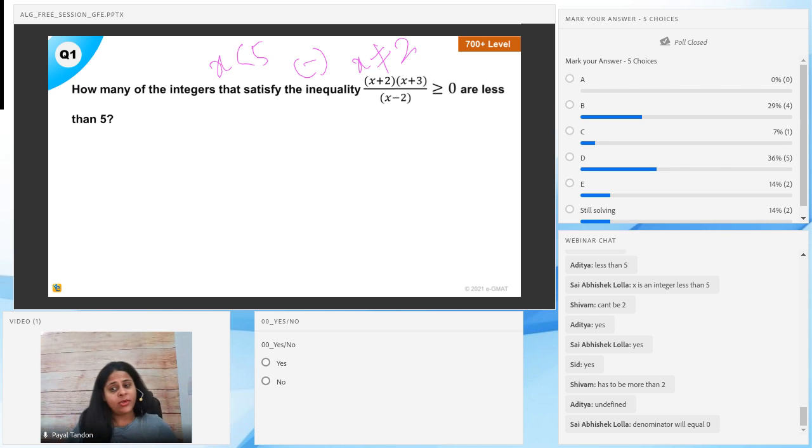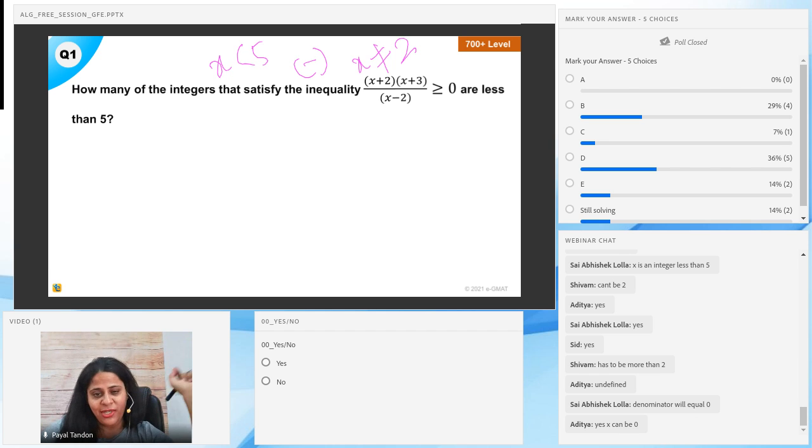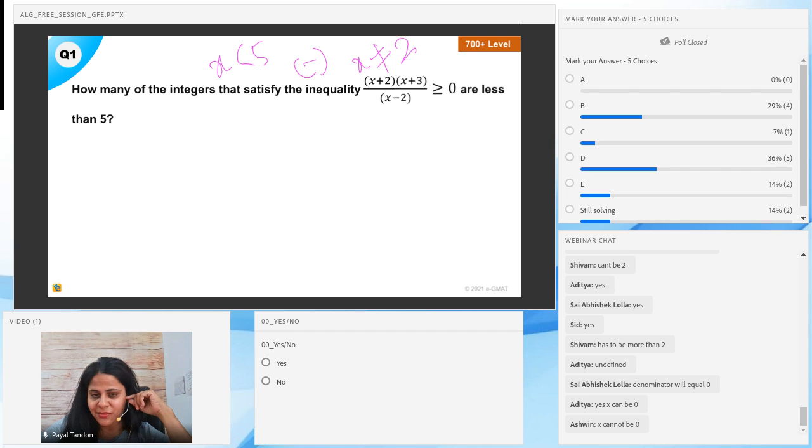Can x be equal to 0? So Shivam, next what you said was that x has to be more than 2. Where do you get that from? When you said x can't be 2, that's correct. But when you said that x has to be more than 2, where are you getting that from? Okay. Aditya, you're saying that x can be 0.